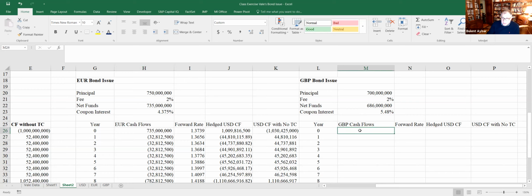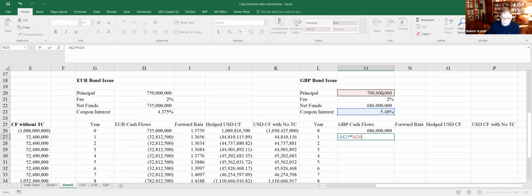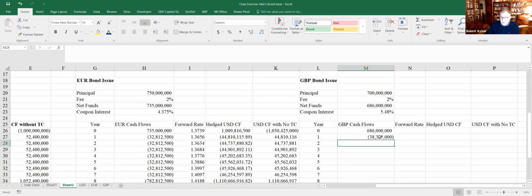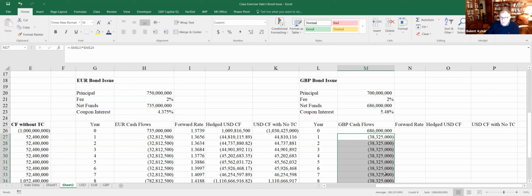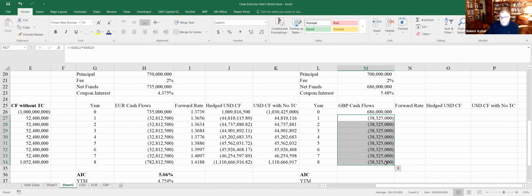So Vale is going to receive 686 million pounds out of this deal, and is going to pay 5.48% coupon interest on 700 million pounds. And again, let's fix these so that we can copy these through. If you copy this through 8 years, there are annual coupon payments of 38.325 million. And in the last year, we will also have the principal of 700 million pounds.